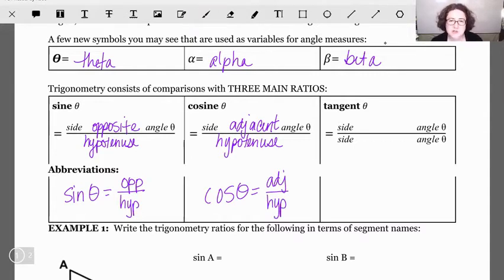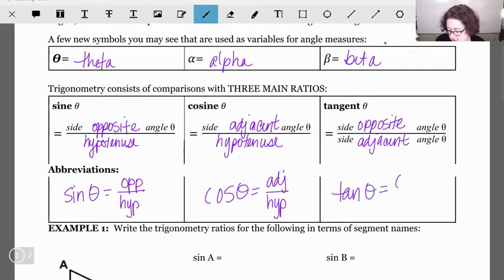Our third ratio is the tangent. The tangent of our angle is technically the side that's opposite that angle over the side that's adjacent to that angle. We can abbreviate that as tan theta equals opposite over adjacent.